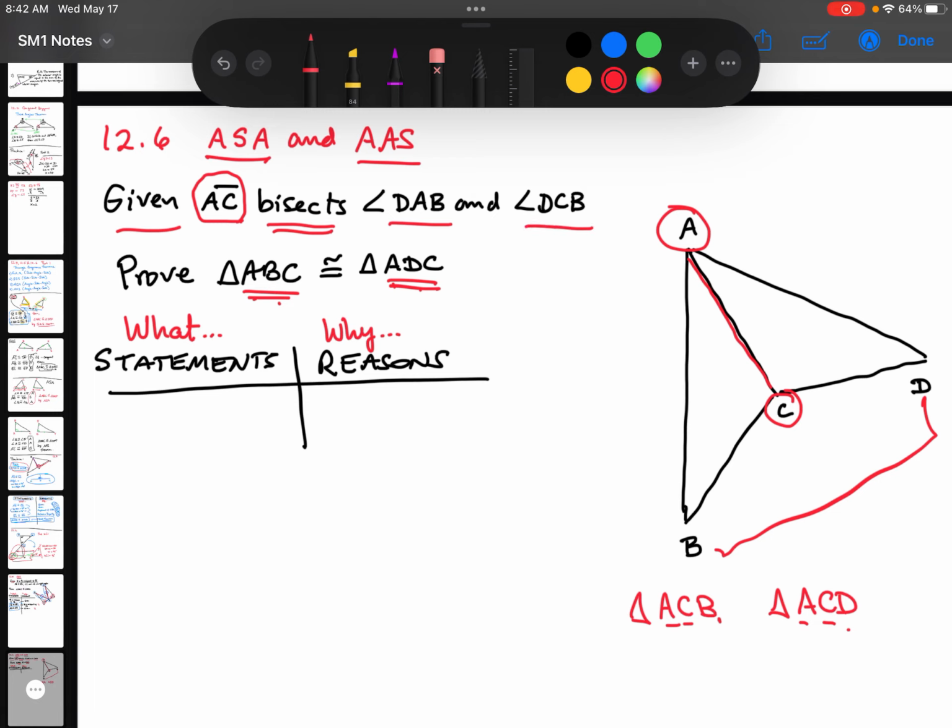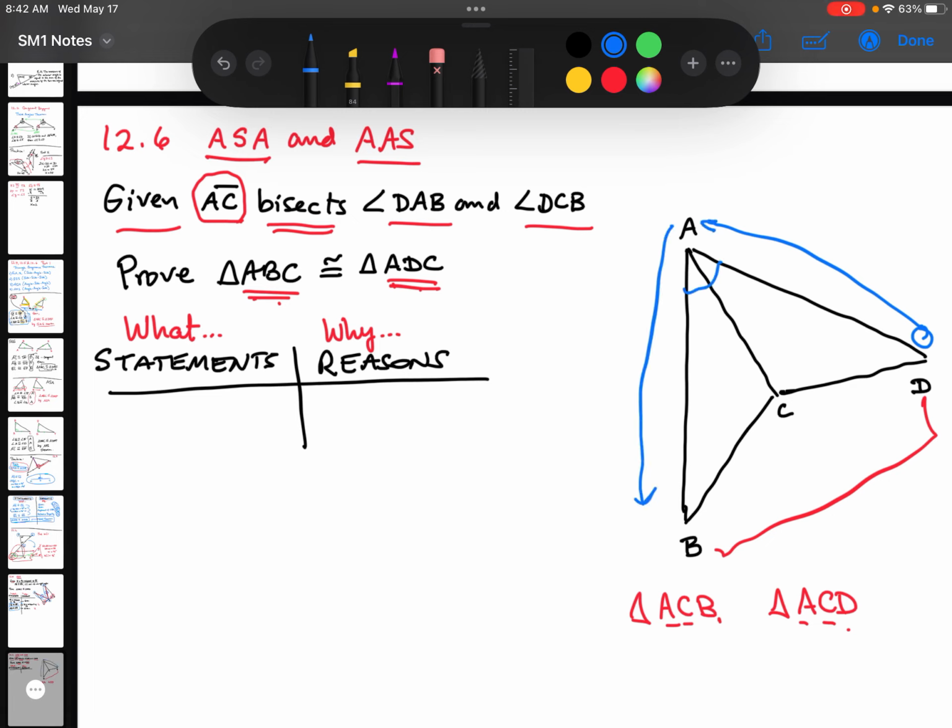So this segment AC is bisecting two different angles, right? Let's see which angles. The first angle it bisects is DAB. DAB is this angle. Let me show you.